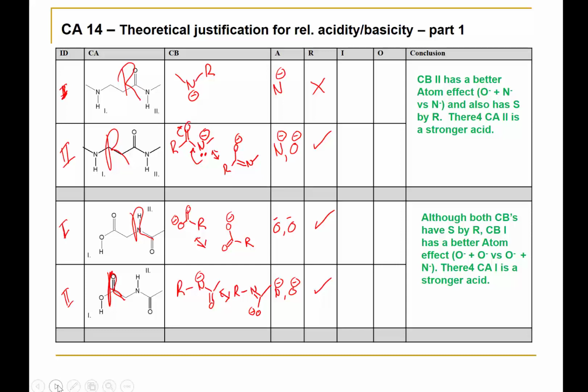Look at the factors, the atom effect, resonance, and then make a conclusion about the relative acidity of the conjugate acid. In the next part of our Chem Activity 14, so part 2, we will look at stabilization by induction and the orbital effect and tie all of these factors together.